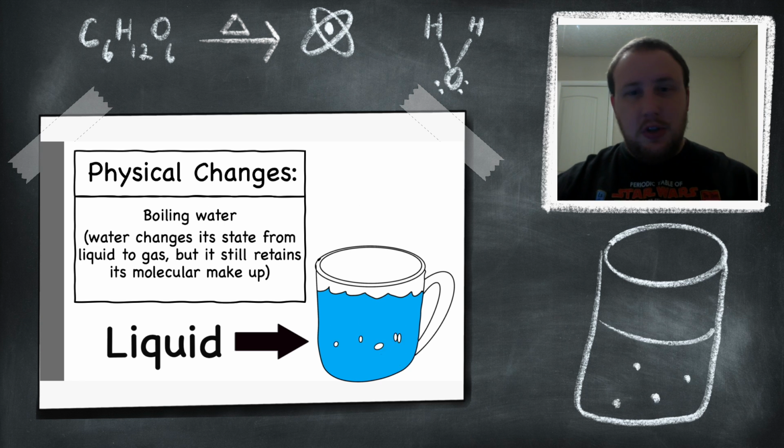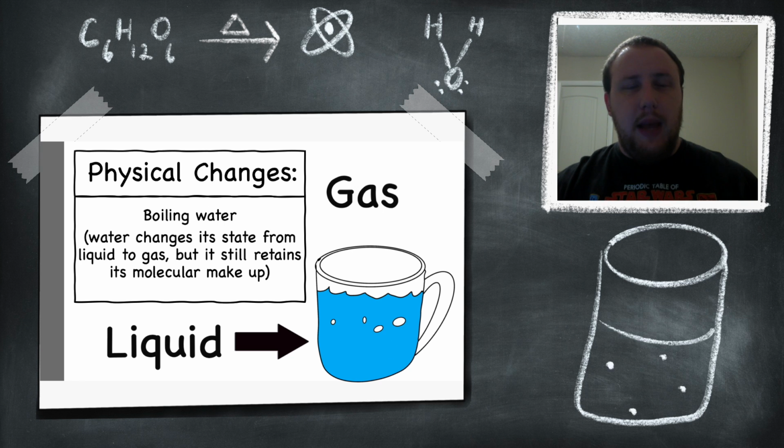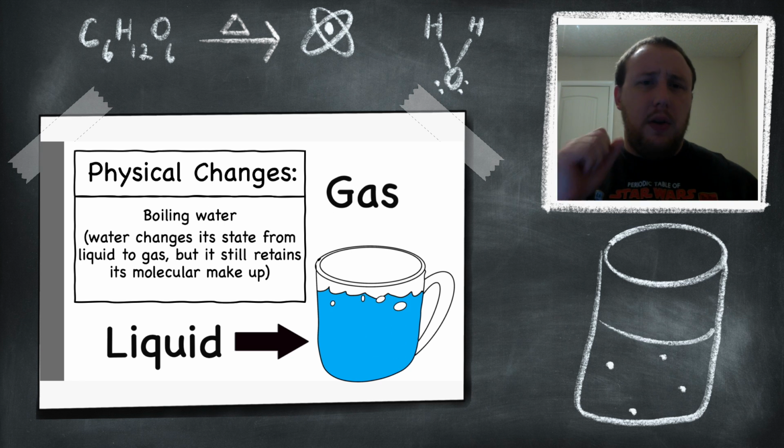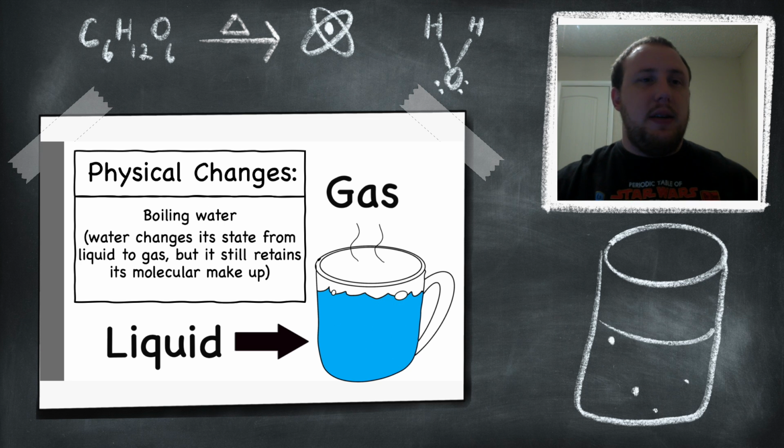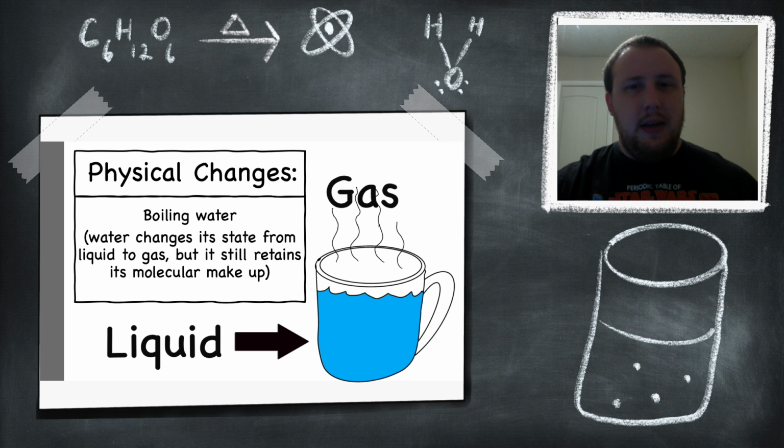They're still H2O molecules, or water molecules, but they are turning from a liquid form to a gas form. That is a physical change. We started with water in a liquid form, and even though it looked really different at the end in the gas form, it still was H2O. It didn't change. So a physical change can make something look different, but it does not change the chemical makeup of it.